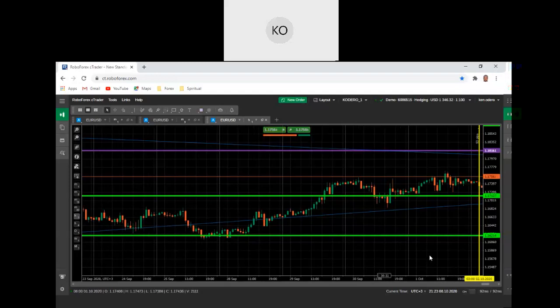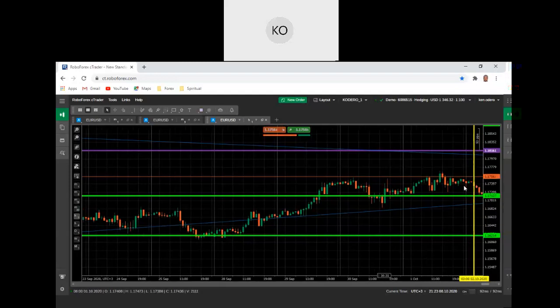If you are trading here, and this was on the 2nd, and you're taking sales because the market is going down, then you start to be careful, because as you can see here, you're approaching a support zone, and there's also this blue line here, that indicates that there's a very high likelihood that the market will not pass these two lines.